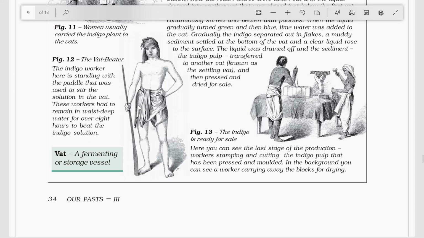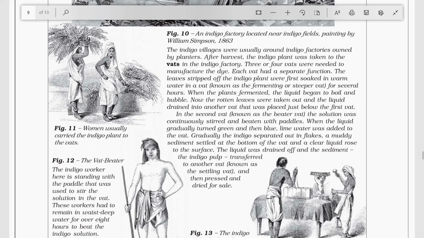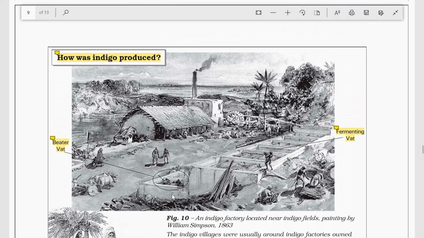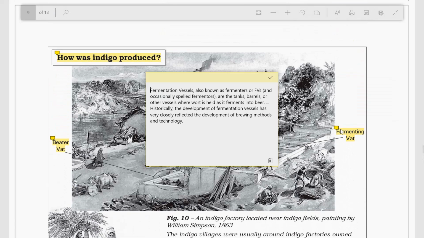He will stir the vat with the help of this stick, and he will put it into the fermenting vessel. So what is a fermenting vessel?